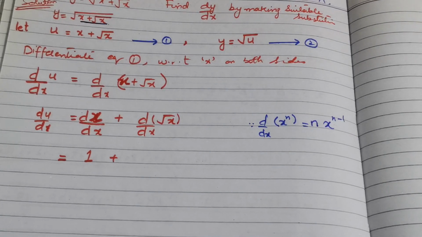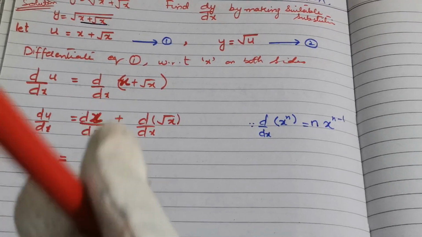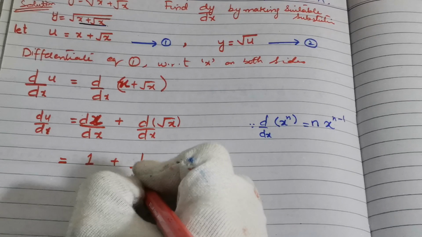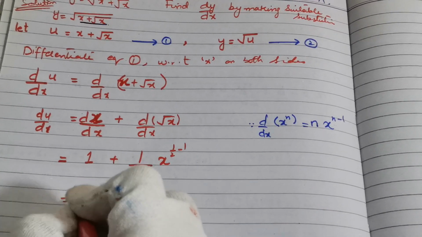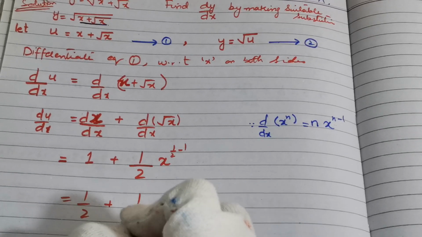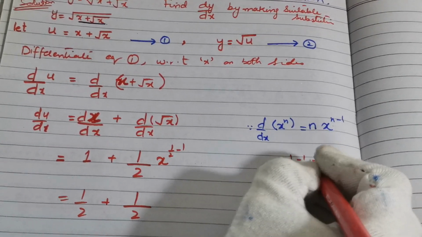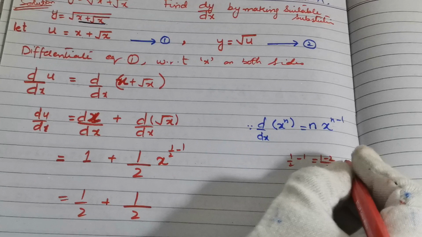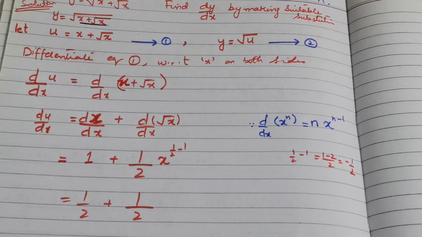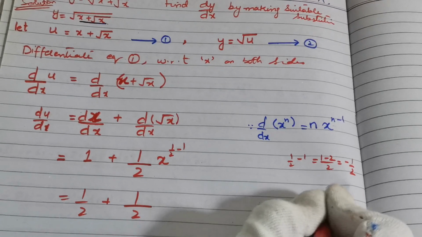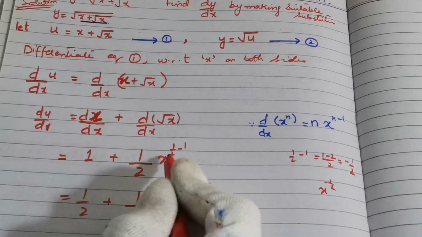So here n is 1 by 2, so 1 by 2 x raised to 1 by 2 minus 1. 1 by 2 minus 1 is equal to 1 minus 2 by 2 is equal to minus 1 by 2. So 1 by 2 minus 1 will become minus 1 by 2, and x raised to minus 1 by 2.